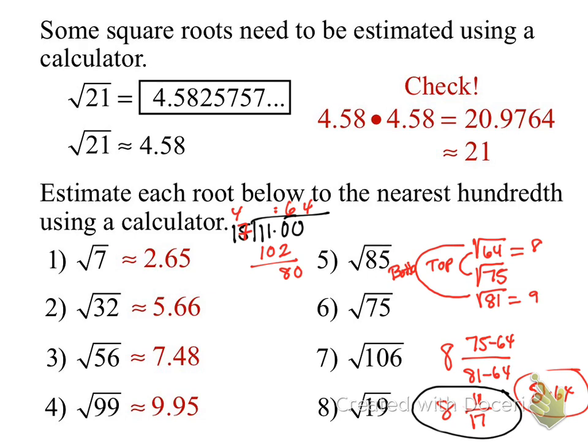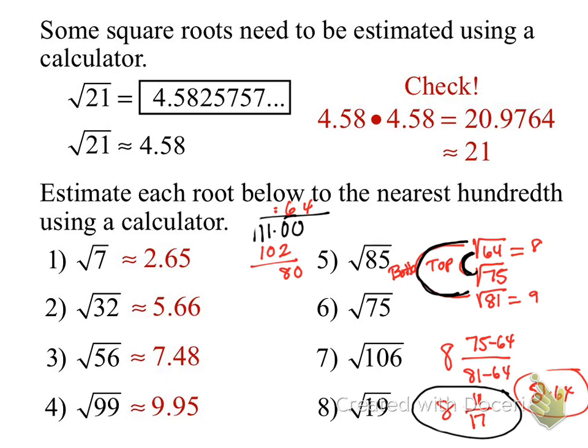Divide by 11 what? You divided 4 by 11 on the top? I didn't divide 4 by 11. I mean 11 by 17. Do you understand how I got the 11 and the 17? I get the 11 by subtracting these two. It always goes to the top. I get the denominator by subtracting those two, finding the difference.